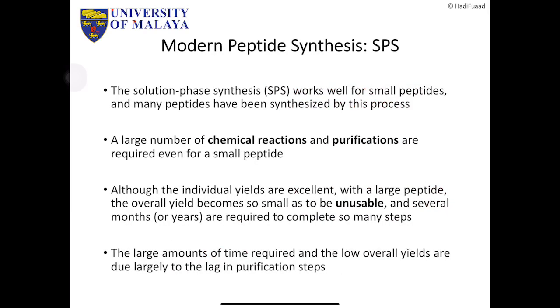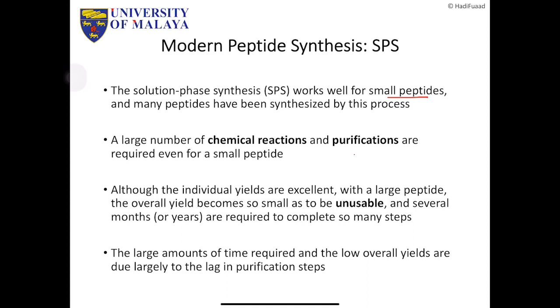So SPS works well for small peptides, and many peptides have been synthesized in this process. I'm not going to say which peptide because I'm not a fan of SPS. I'm an SPPS guy, so I'm not going to touch on it. A large number of chemical reactions and purifications are required even for a small peptide.